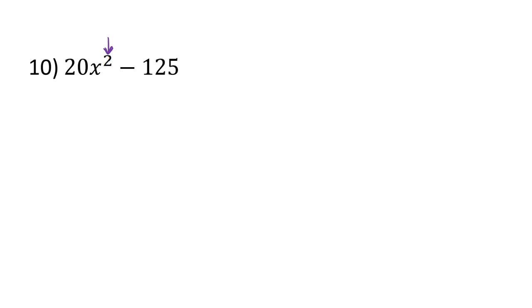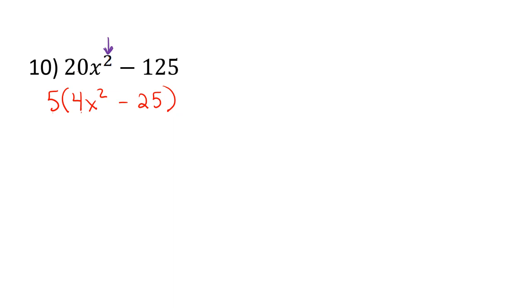However, the square root of 20 is some decimal, which lets me believe that there's probably a greatest common factor here. So the biggest number that goes into 20 and 125 is the number 5. So if I take a 5 out, I'll have 4x squared minus 25. That's because 5 times 4 is 20, and 5 times 25 is 125.